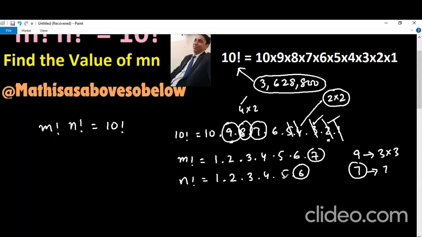Now if we just test this, what we can say is 7 factorial times 6 factorial is equal to 10 factorial. Okay, so the values of m and n are going to be 7 and 6, and that's going to be your answer. This is the neatest and the prettiest way to solve these kinds of problems.